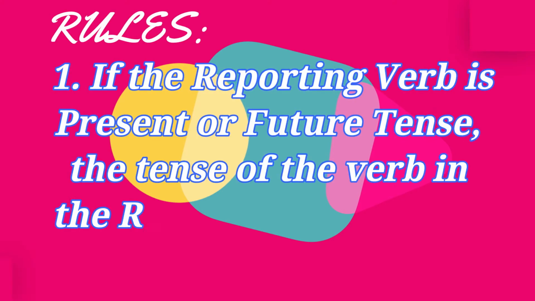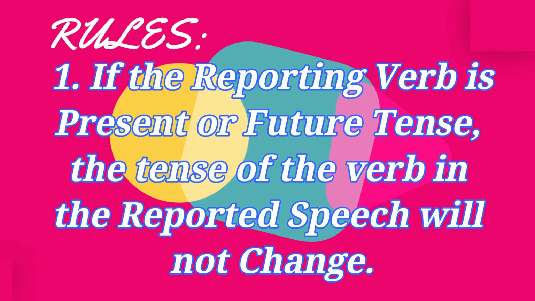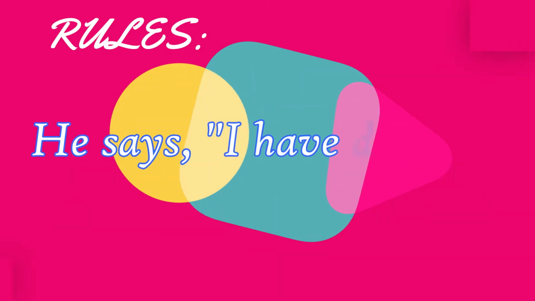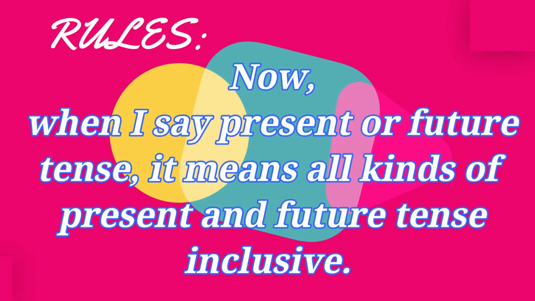In assertive sentence, the first rule goes like this: if the reporting verb is present or future tense, the tense of the verb in the reported speech will not change. In this example here, he says, I have done it. He says that he has done it is how it is converted. Now, when I say present or future tense, it means all kinds of present and future tense inclusive.